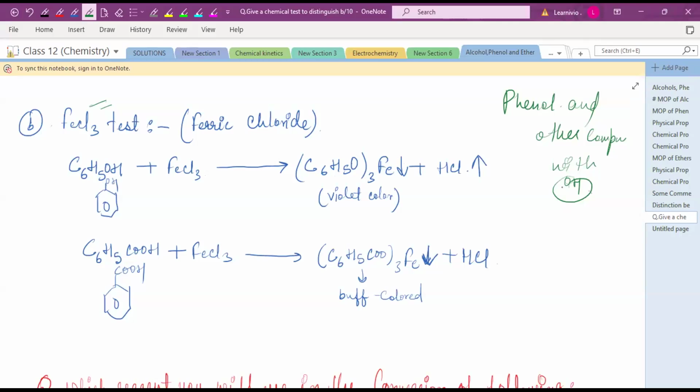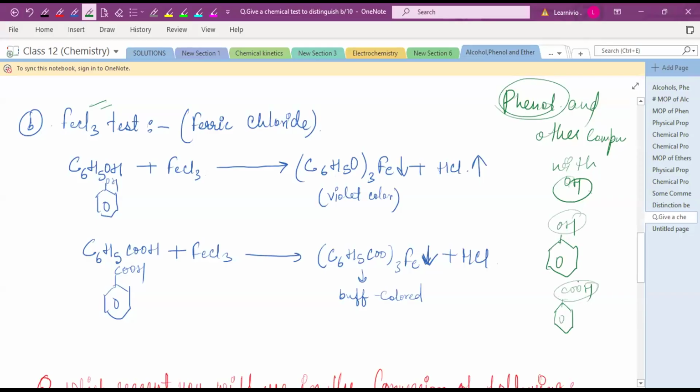So this FeCl3 test is to detect the presence of phenol or its derivatives. So we can distinguish between benzoic acid and phenol by using this test. This is phenol, and this is benzoic acid, COOH. The only difference is the OH group over here and here the COOH group, the carboxylic acid group, right?